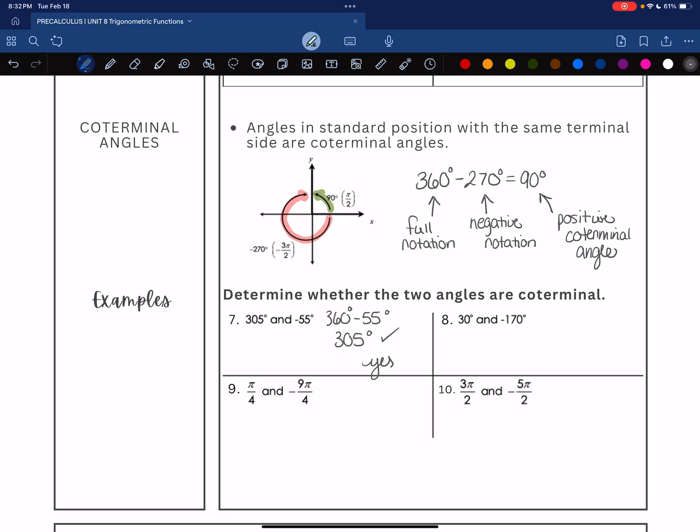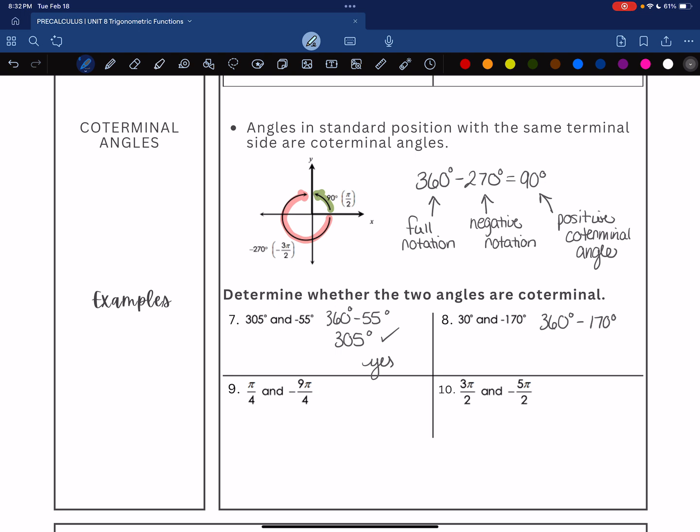Let's check this next one. Are these coterminal? What do you guys think? Try this one on your own and then let me know. Yes or no? Coterminal or not? So take your full rotation, which is 360, and then take away from that your negative rotation, which is 170.